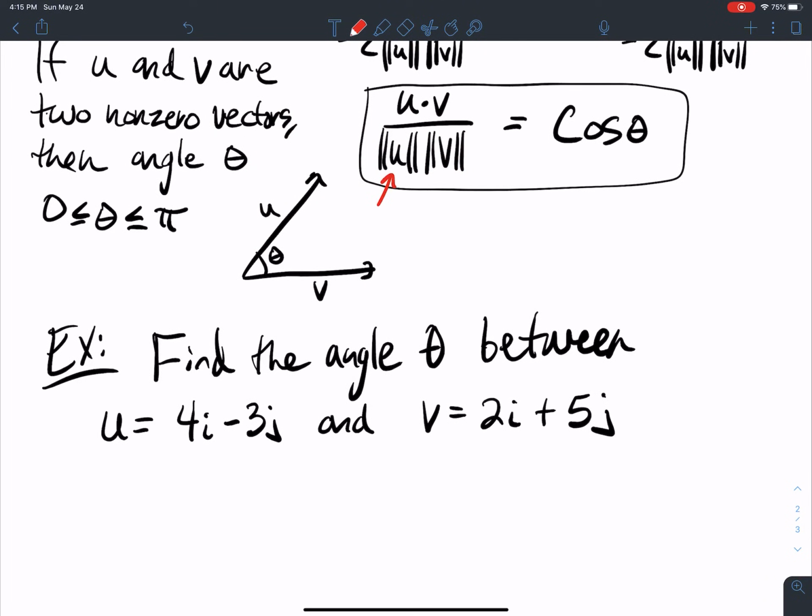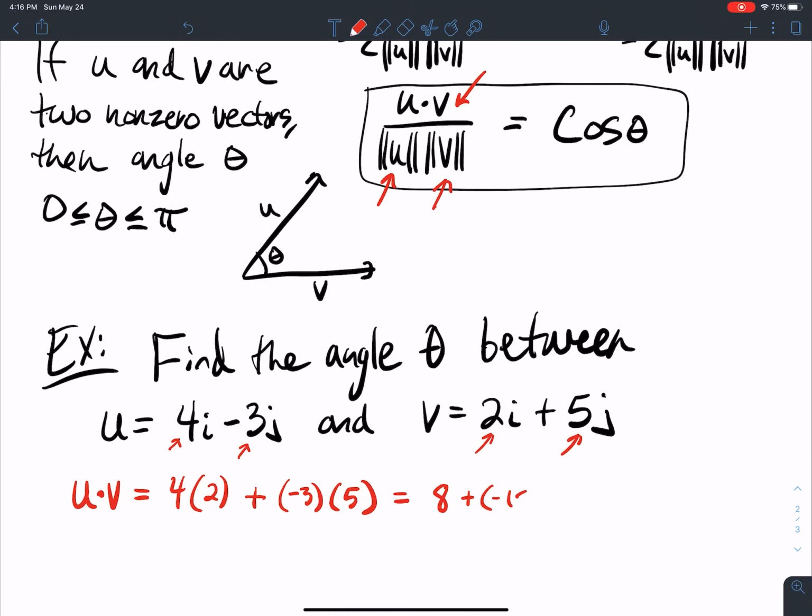I need to know the magnitude of u, the magnitude of v, and I also need to know the dot product of u and v. So let's start with the dot product. u dot v is equal to 4 times 2 plus negative 3 times 5, which equals 8 plus a negative 15, which equals negative 7.